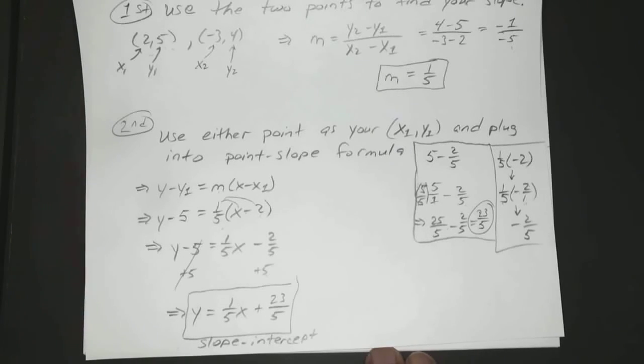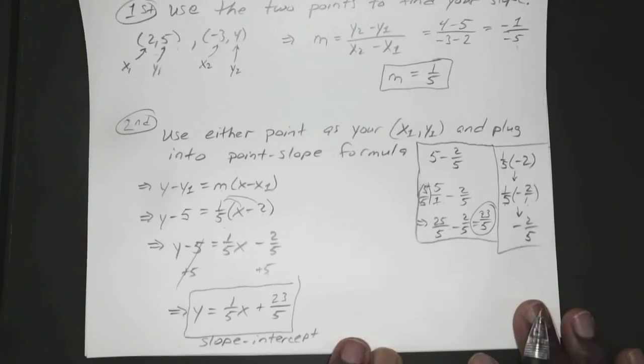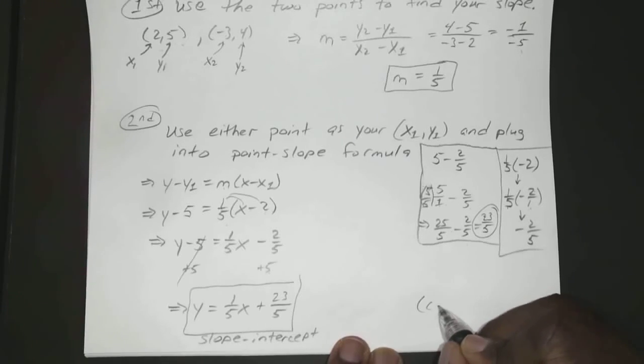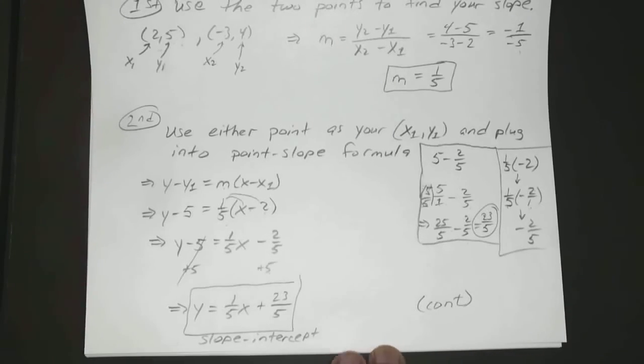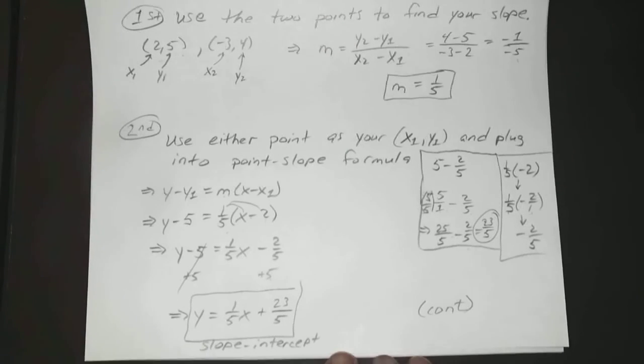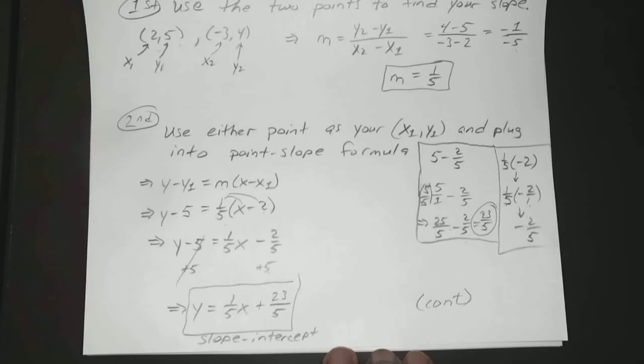Okay. Now, if we were looking for our standard form, actually, I'll put that on the next sheet because I don't want to try and cram everything on this one. Leave that up for a few seconds. Let me continue.